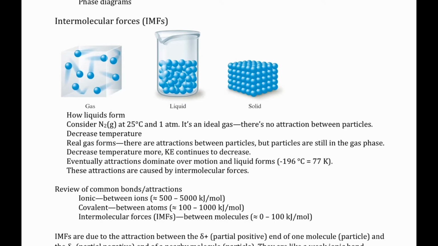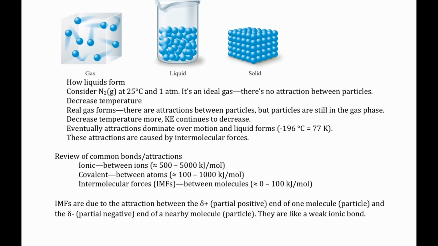This new kind of attraction, this intermolecular force, this IMF, is not between ions, not between atoms, but between molecules. And its strength is often in the range a little bit over 0 to at most 100 kilojoules per mole. So notice that by contrast, IMFs are much weaker than the ionic or covalent attraction.